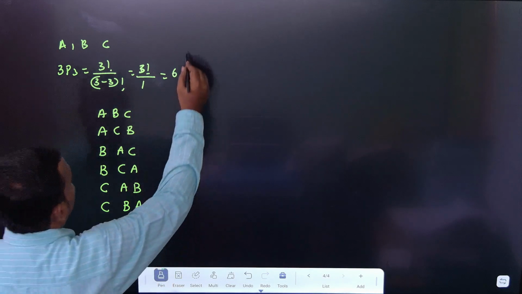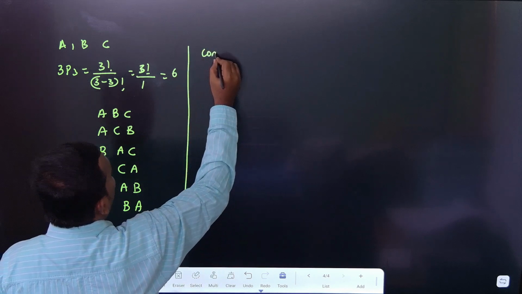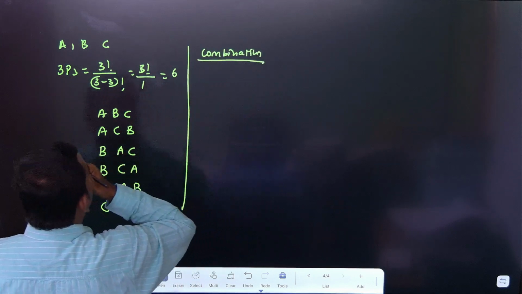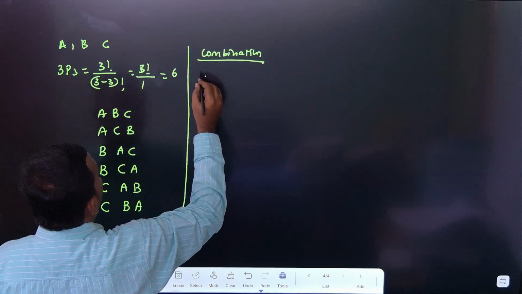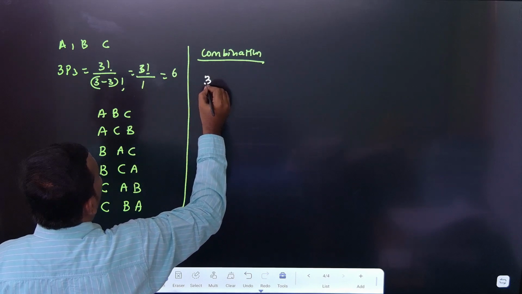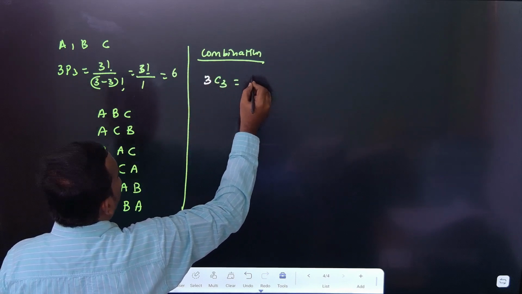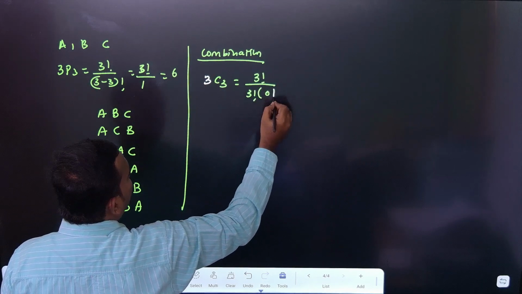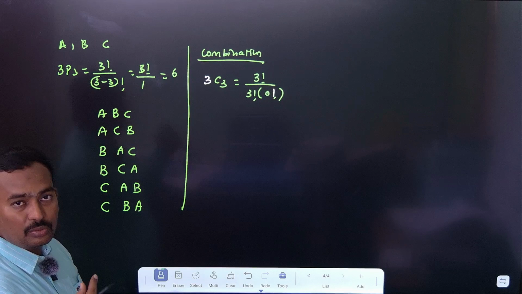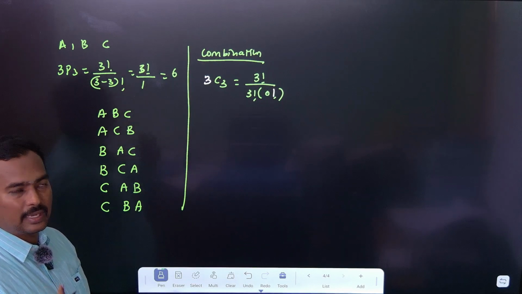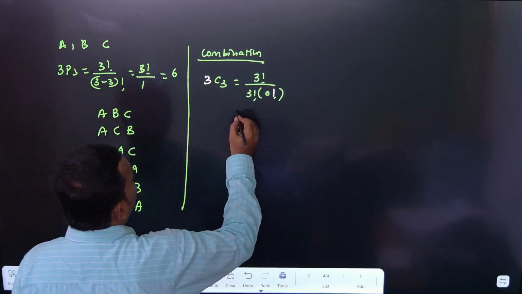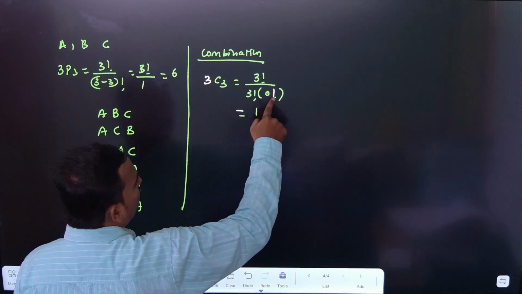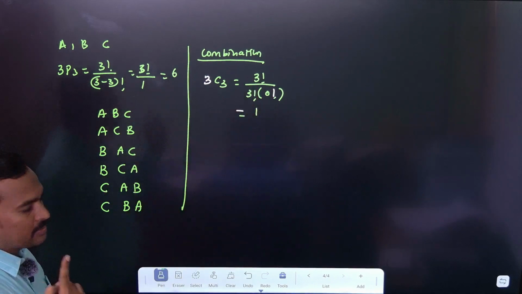But when you take combinations, what is that? 3C3 you can see, 3 factorial divided by 3 factorial, 3 minus 3, 0 factorial, right? N factorial divided by R factorial into N minus R factorial. So this is same as 1, right? Because 0 factorial is 1, 3 factorial by 3 factorial is 1.